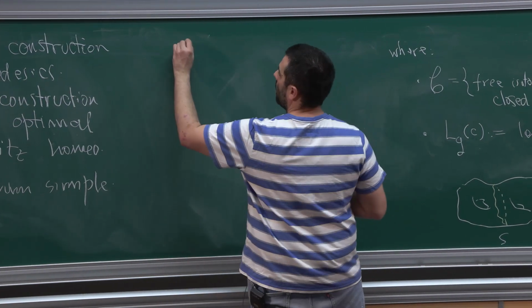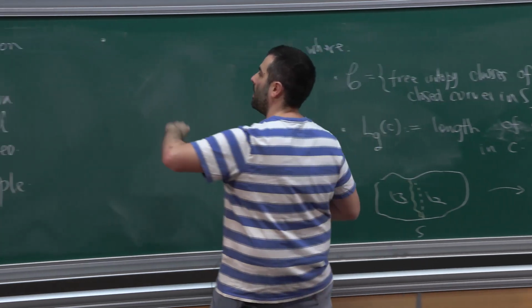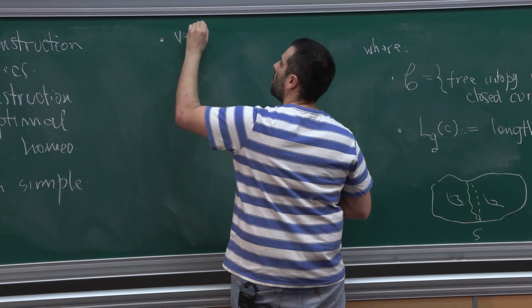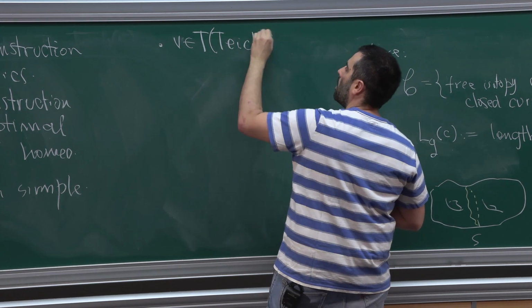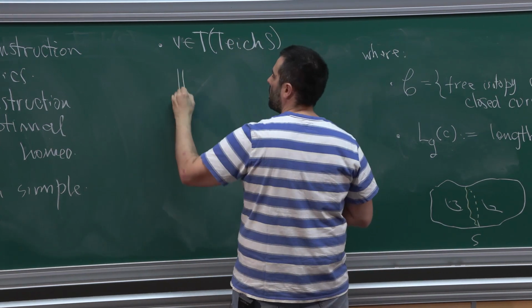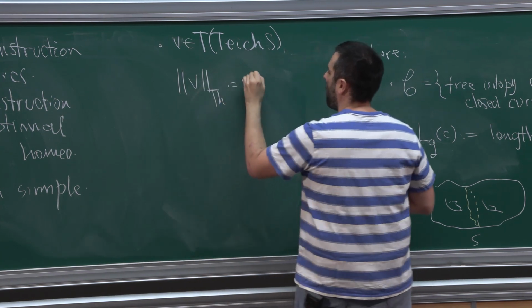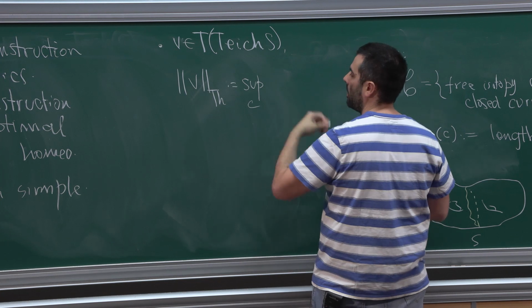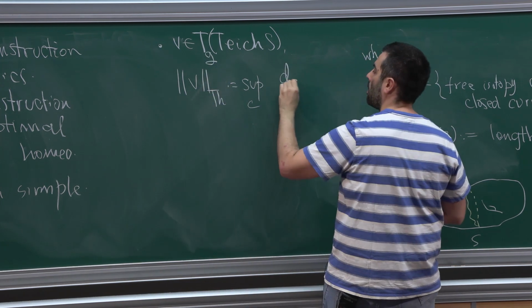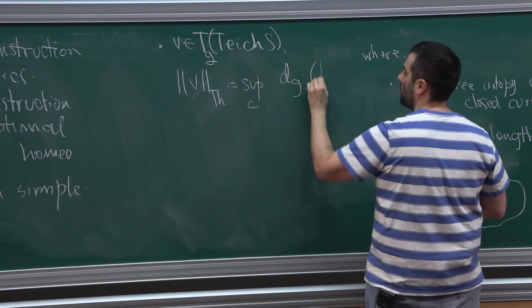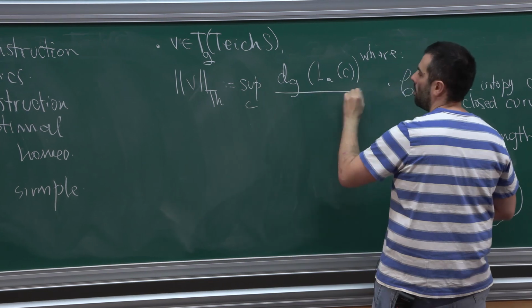And maybe one more thing. He also gives an infinitesimal version of this metric. So he defines, for a vector tangent to Teichmüller space, the Thurston norm of this vector to be the sup over C of the derivative at G of the length function associated to a curve over the length.